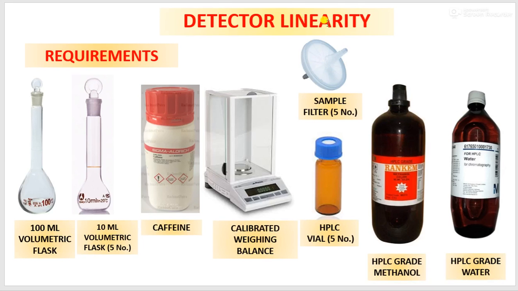Next is detector linearity. To perform detector linearity, you require a 100 ml volumetric flask, then 5 10 ml volumetric flasks, standard caffeine, calibrated weighing balance, then 5 HPLC vials, then 5 sample filters. For each dilution you have to use a different filter, then HPLC grade methanol and HPLC grade water.